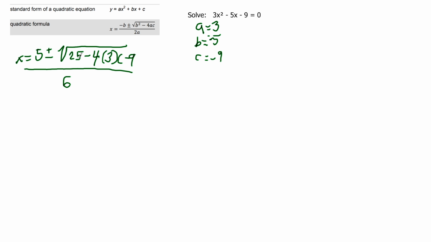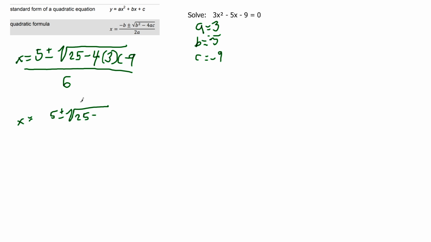Let's work on the part under the square root sign. So we have x equals 5 plus or minus the square root of 25 minus 4 times 3, which is 12, and 12 times negative 9 is negative 108.